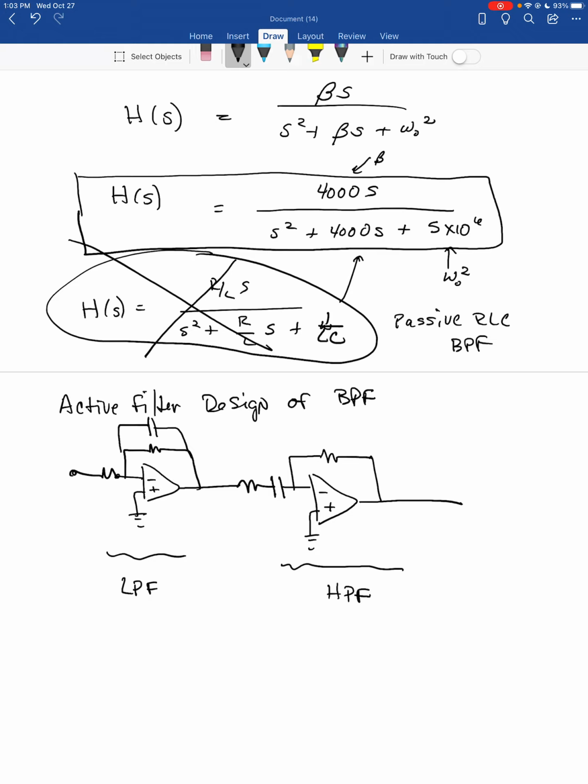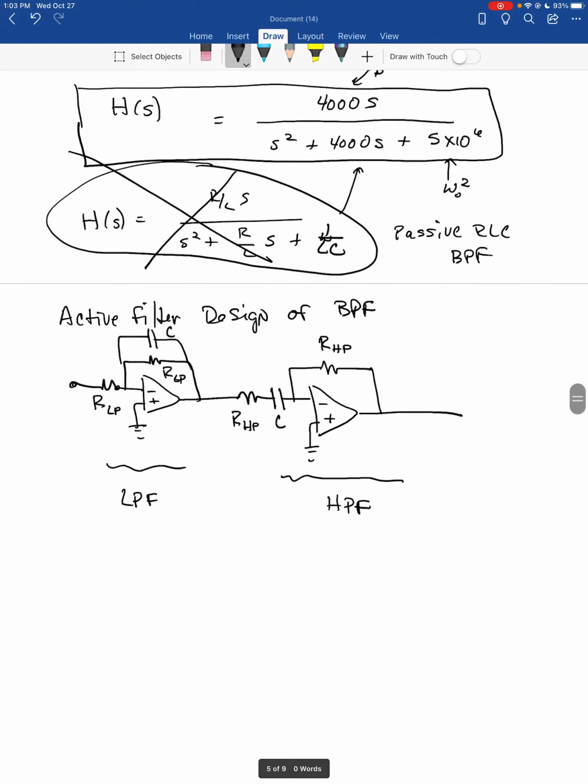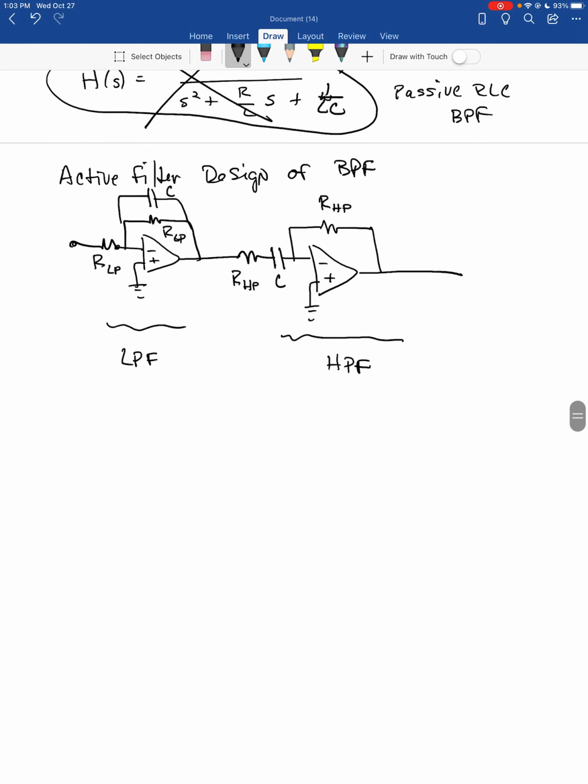So I'm going to put R, LP, and remember C is already given, it's 1 microfarad. And then I'll put R, HP. The transfer function for the low pass, H of S, is omega low pass over S plus omega low pass.